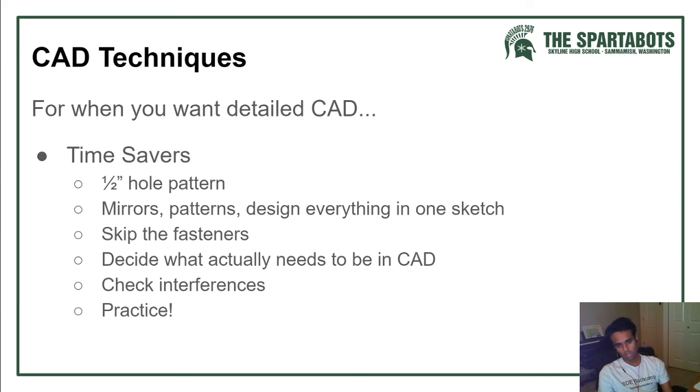And you want everything to be based off of one sketch. That way, if you change one dimension in the sketch, everything updates by itself. You don't have to go through and change every different part studio to get a different dimension, because that's just hassle.